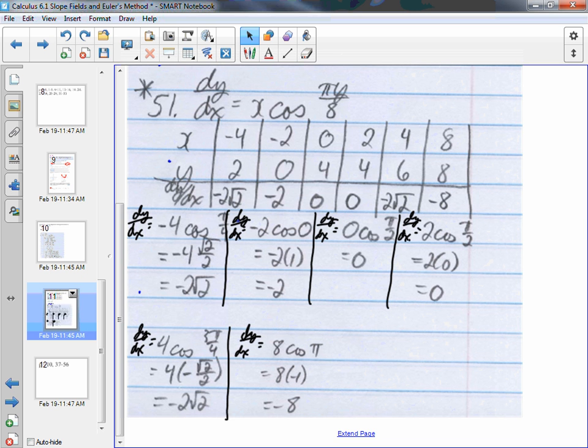Did you end up with the same things I did? Okay. So, tedious, yes. Impossible, no. And think how easy this would be if that were an algebraic derivative instead of one with a trig function in it. Okay? I mean, this would turn into a really easy problem. Okay? All right, any questions?